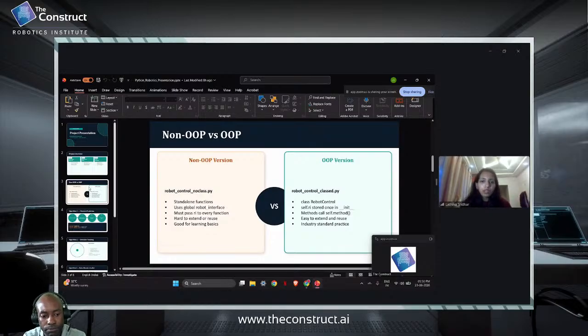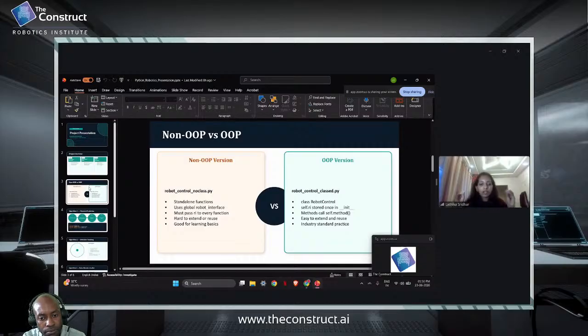In the non-object oriented programming version, the functions are written independently and they rely on a global robot interface. This means that the interface must be passed or accessed repeatedly throughout the program. So we have to keep calling the robot interface every time we need it to call the function. In the object oriented programming version, all the functions are encapsulated inside a robot control class.